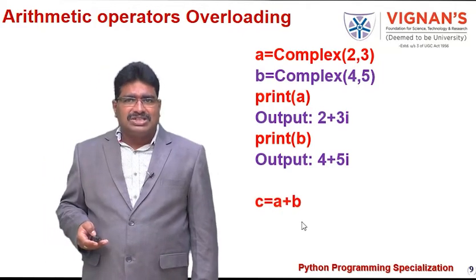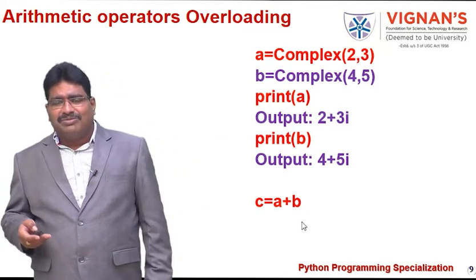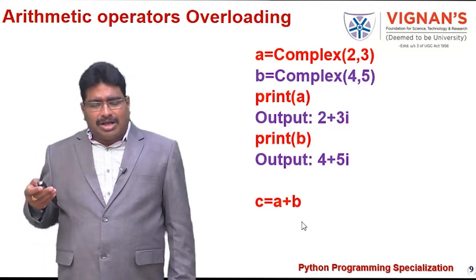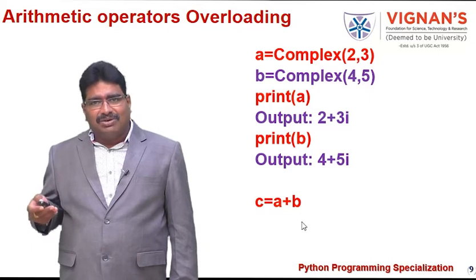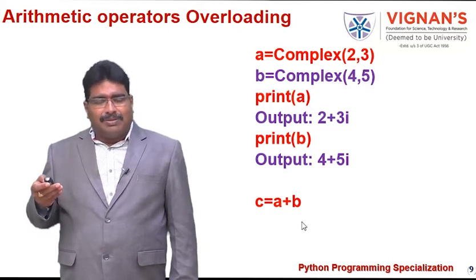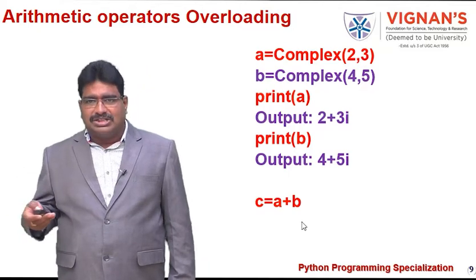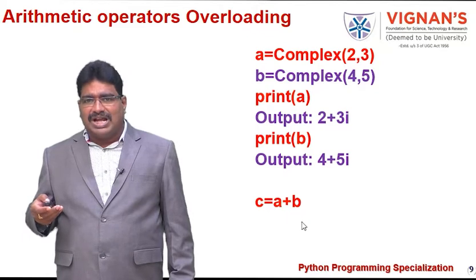Now we use C is equal to A plus B. Previously, when we used C is equal to A plus B, we got the error because at that time operator overloading was not defined. But now we have defined operator overloading for the plus operator on complex objects. In the previous slide we discussed how to define __add__.